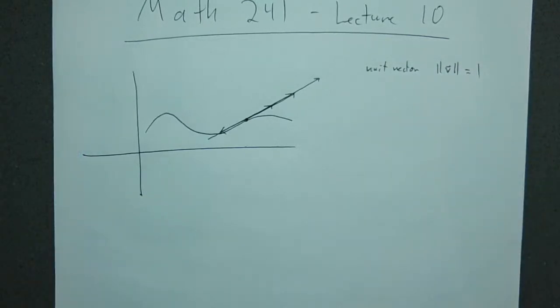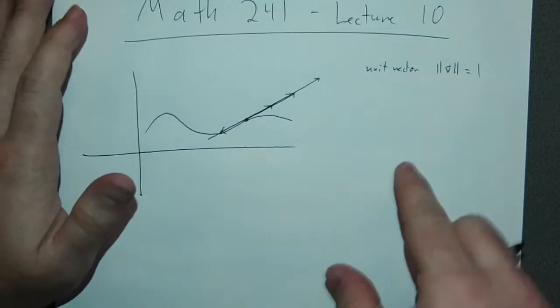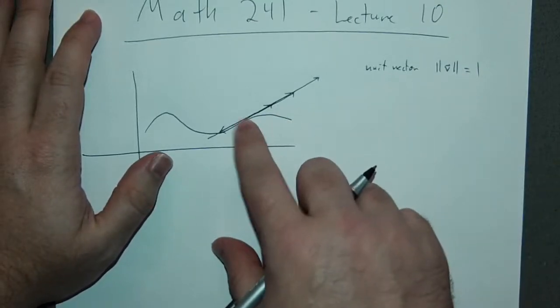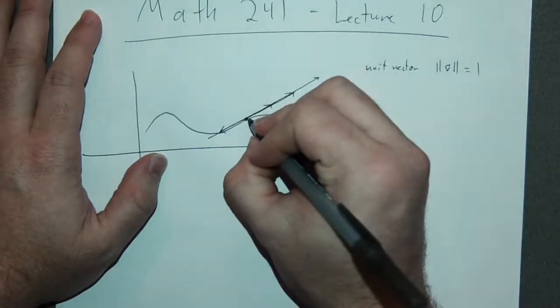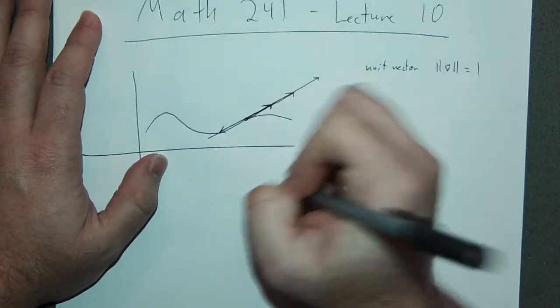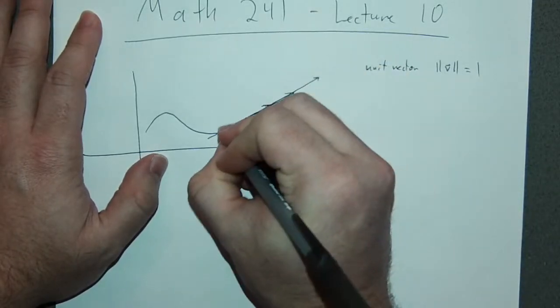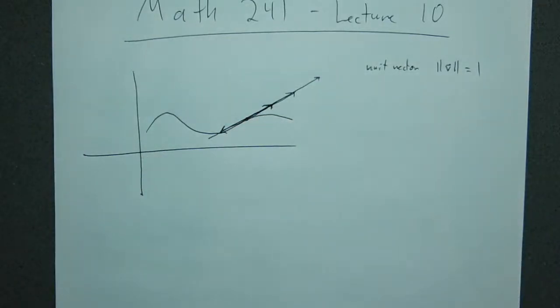So if we decide to pick a tangent vector that has length 1, then there's only two options. There's the one that has length 1 that points in this direction, and then there's the one that has length 1 that points in the exact opposite direction, because they both lie on that tangent line. Okay, but the point is that you've nailed it down enough. And as far as the direction goes, we'll talk about that before I talk about curvature.